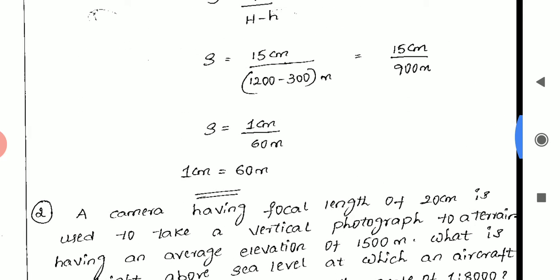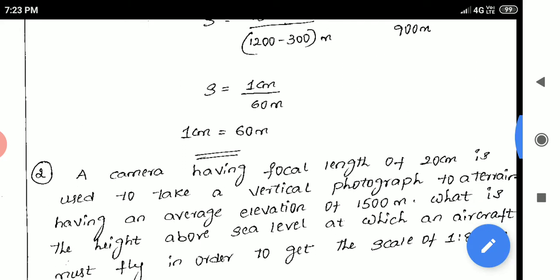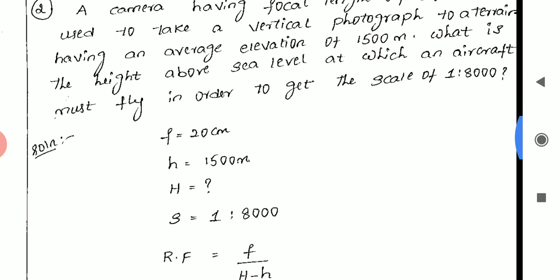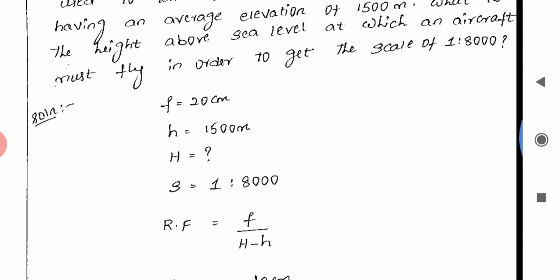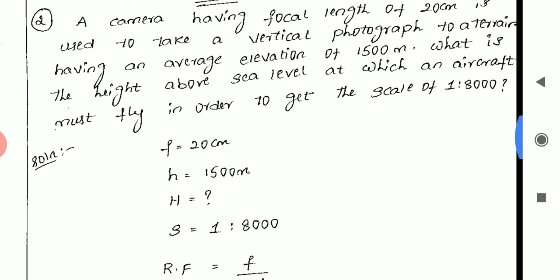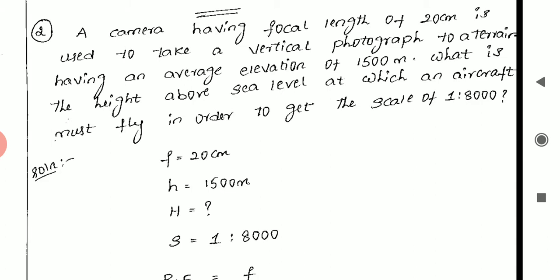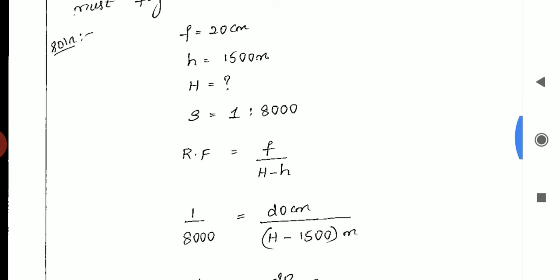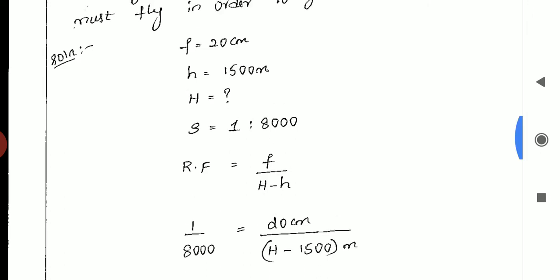Already in the first problem we found the scale. Only in the second question we have to find capital H, and the scale he already mentioned. So see here, RF equal to f by H minus h.